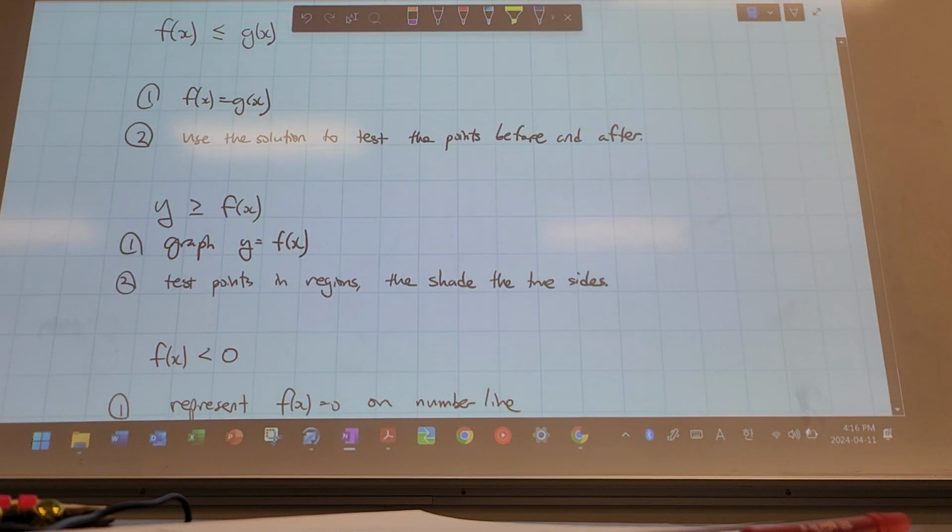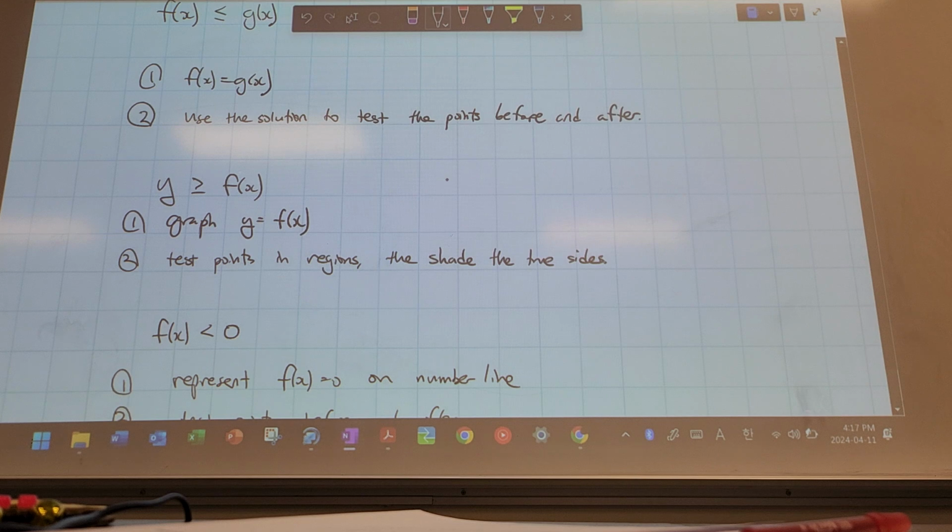The first two variations are the Cartesian plane kind of thing. When you're graphing, is it a dotted line for greater than or equal to? Solid, yeah. If it's greater than or equal to, it's going to be a solid line and then shaded.